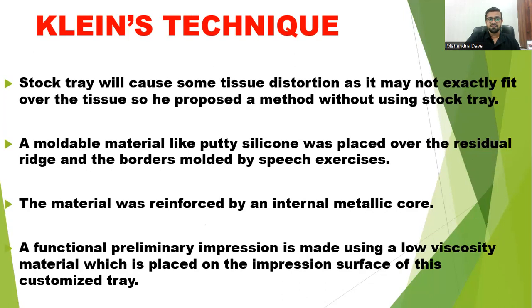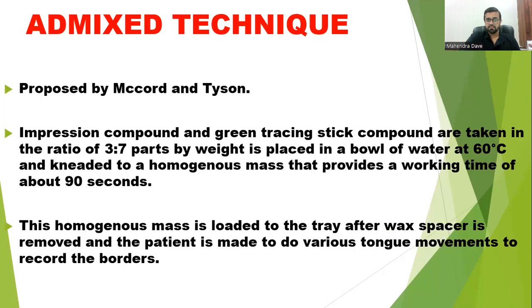Another technique is the admix technique, which is proposed by McCord and Tyson. In this impression technique, impression compound and the tracing compound, that is the green stick, are taken in the ratio of 3:7 by weight, and they are placed in a hot water bowl, which is at around 60 degrees centigrade, and kneaded until we get a homogeneous mass, which provides a working time of almost 90 seconds.